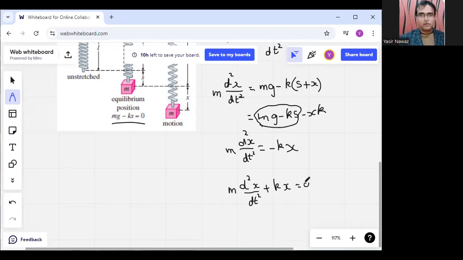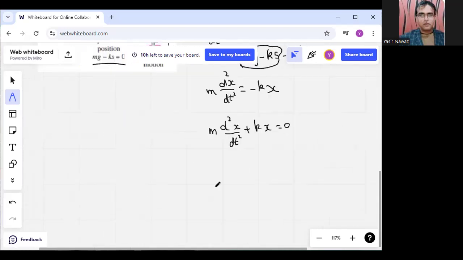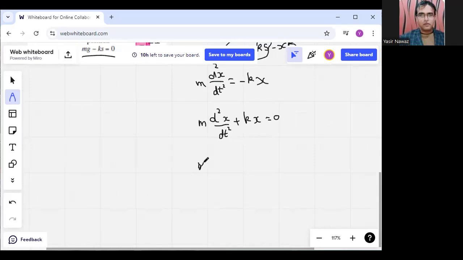Now, if some damping force is applied, then the equation can be written as m d square x over dt square plus some constant times the velocity, where the velocity is dx by dt, and then plus kx.